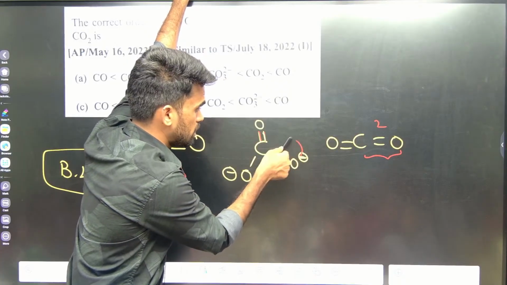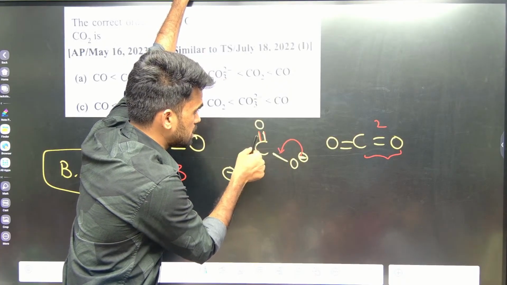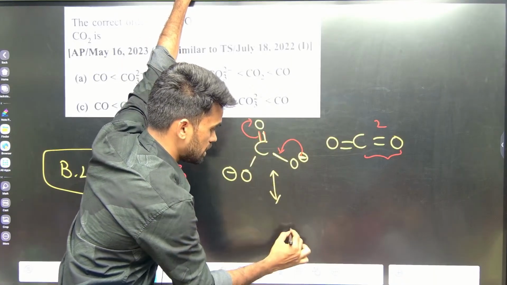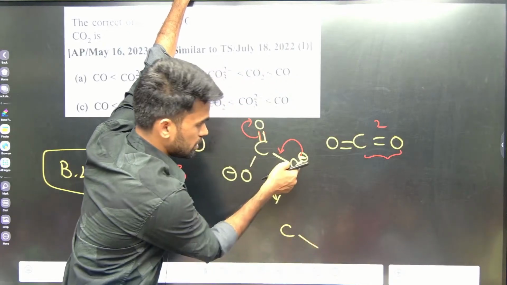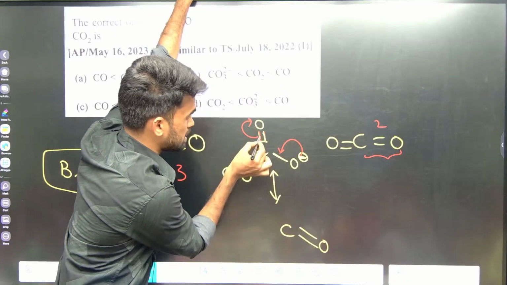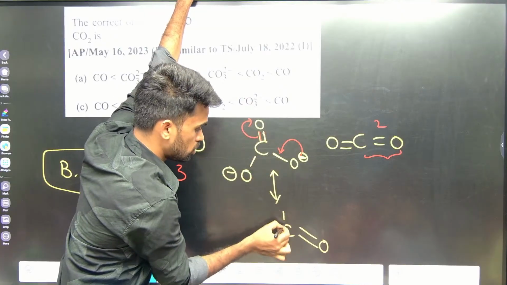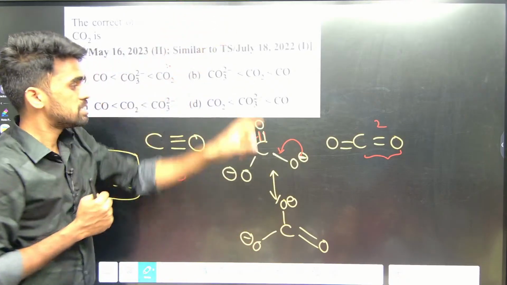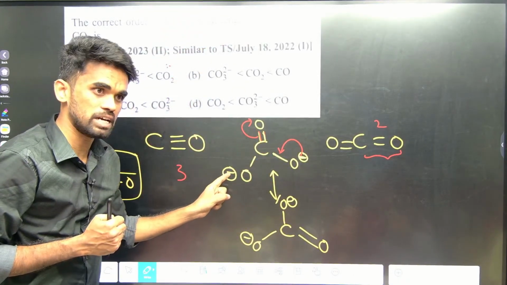Yes. So it will shift here. The pi bond goes to the oxygen side. So what are you going to get here? This single bond is now becoming a double bond. Next, this double bond becomes O minus, and this is O minus. The same story is also possible with this negative charge.